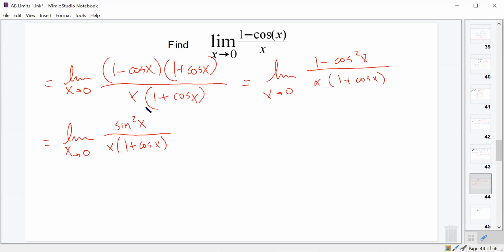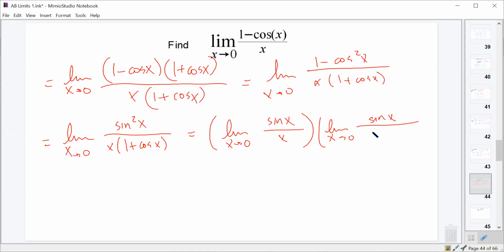I should be able to rewrite this as two different limits. I could make part of it just sine x over x. And if I combine them using that multiplication rule, what's still left in the numerator? A sine x, right? And the denominator of 1 plus cosine x. And let's see what that does. What's the limit as x approaches 0 of sine x over x?